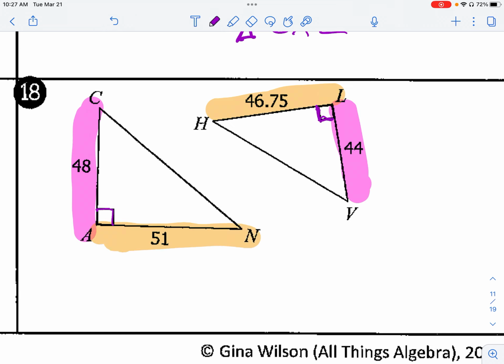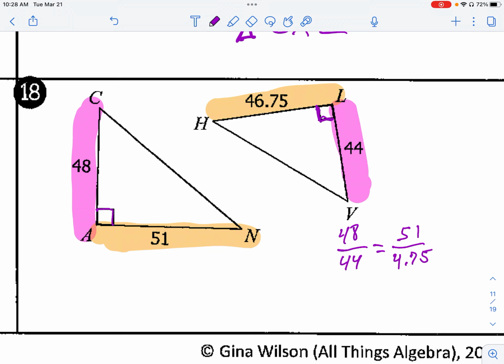So we're going to do 48 over 44 equals 51 over 46.75. So at first blush, this doesn't look like it's going to work.